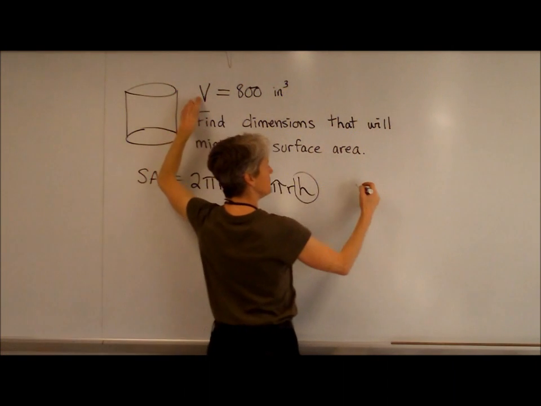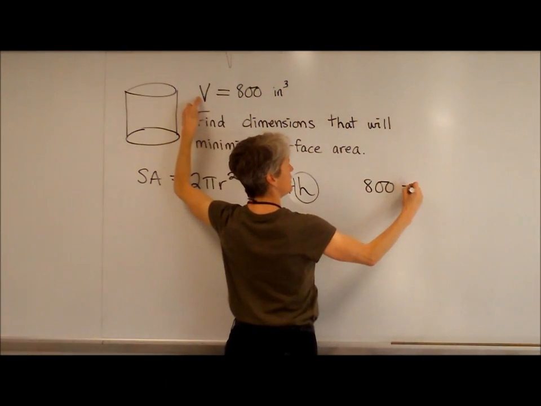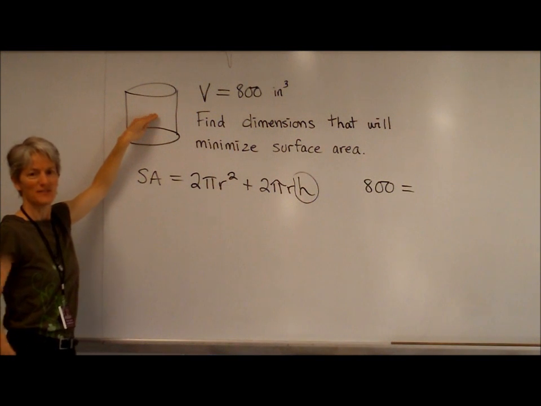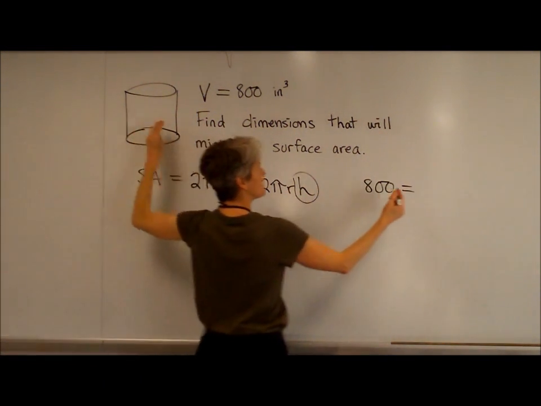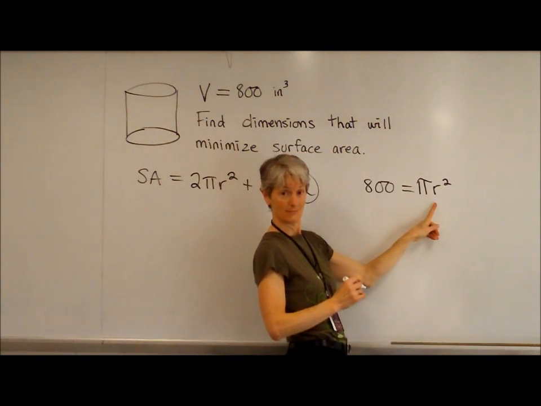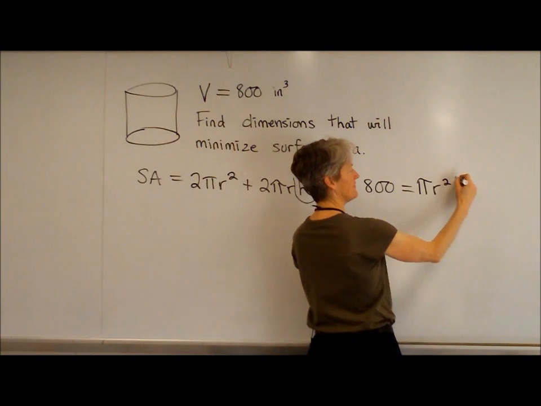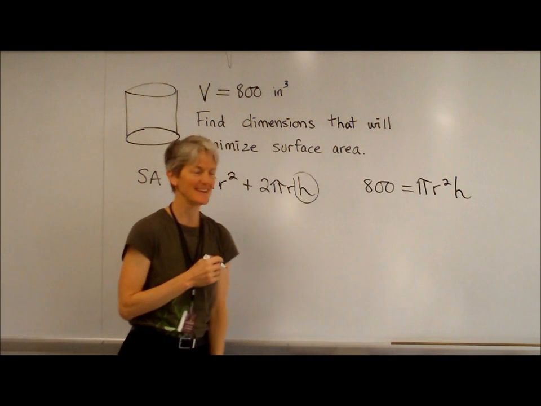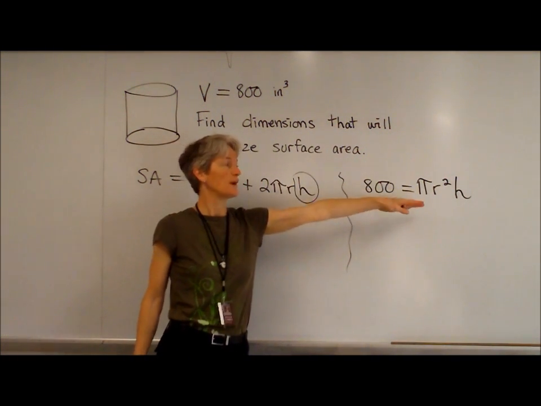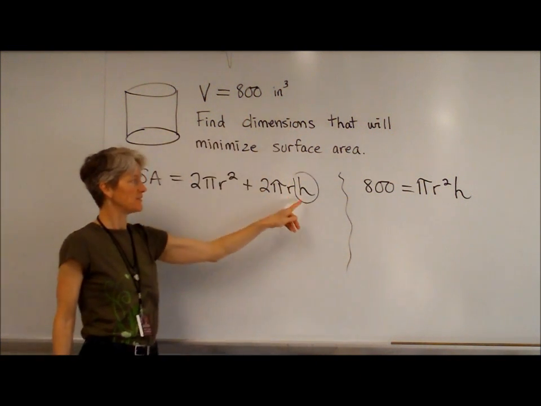So my volume is 800 cubic inches. I know the volume of a cylinder. What's the volume of a cylinder, Mr. Haas? Well, it's just the area of the base, which is a circle, area of a circle, times how tall it is, which I guess you're calling h. Very nice. This will give me a very handy expression for h that I can then substitute in here.